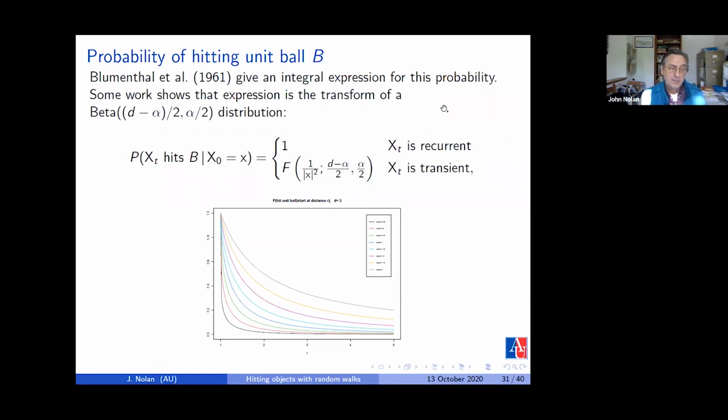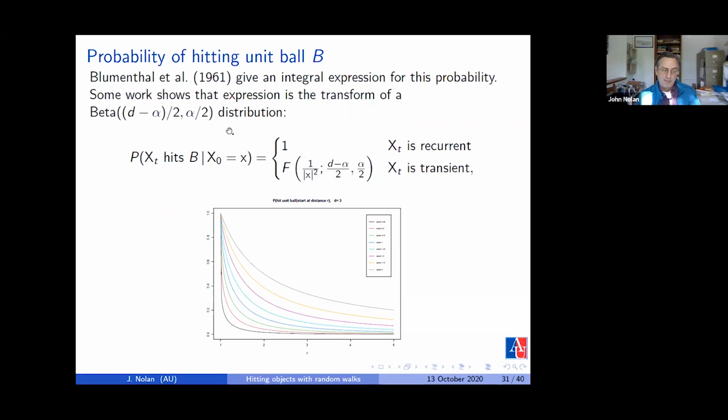It turns out that with a change of transformation, you can relate that integral to a beta distribution. Statisticians will understand what a beta distribution is; for the analysts, it's related to the incomplete beta function.